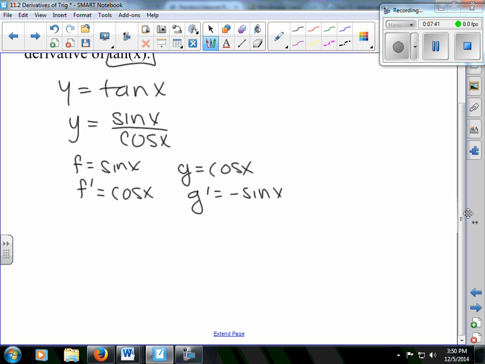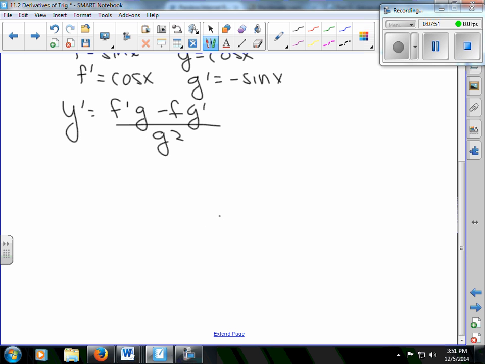And now I can use the quotient rule. So my derivative is f prime g minus fg prime over g squared. And so now I just fill in there f prime g, cosine of x times cosine of x, minus fg prime. That would be 2 sine of x's, one of whom was negative, so that would make that sine squared plus cosine squared over g squared.